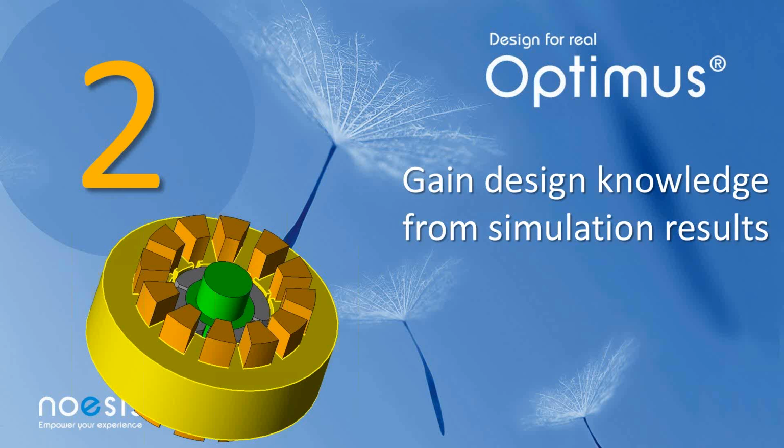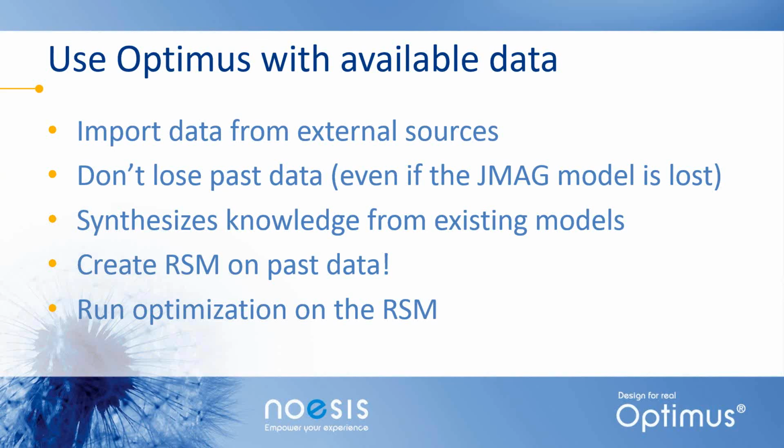Now, for the SPM, we wanted to highlight a few additional features of Optimus, and to show how you can gain design knowledge from simulation results that you already have, in addition to capturing the process. In Optimus, you have the ability to import data from external sources.